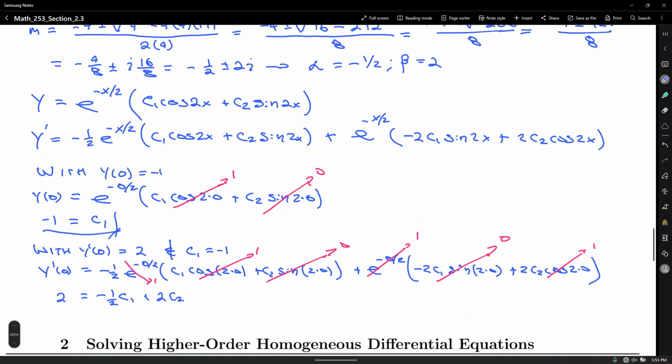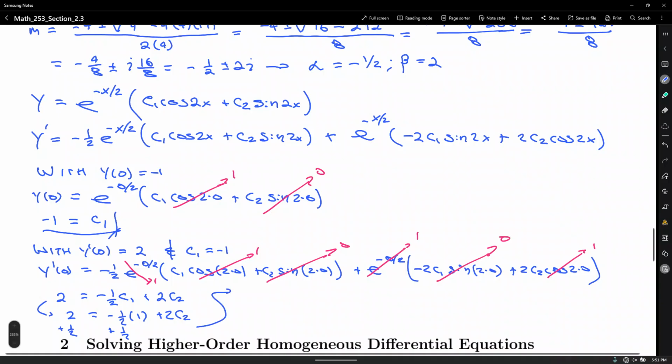However, what do we know about c1? Did we get it before in the first computation of the initial condition for the solution to the DE? Okay, so let's substitute. So from here it follows 2 equals negative 1/2 times 1 plus 2c2. Okay, so negative 1/2 times 1, isn't that positive 1/2? I'm going to add 1/2 to both sides.